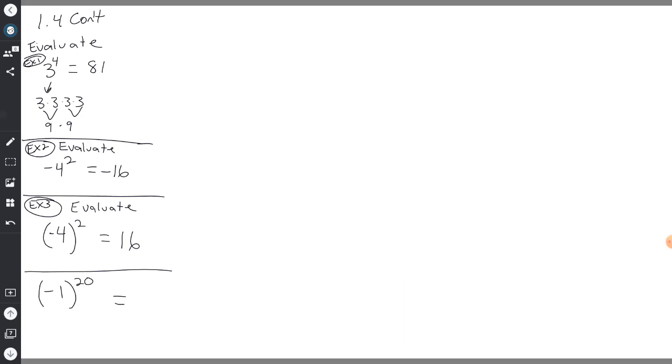Negative 1 to the 20th power. Positive 1. We have an even exponent there.